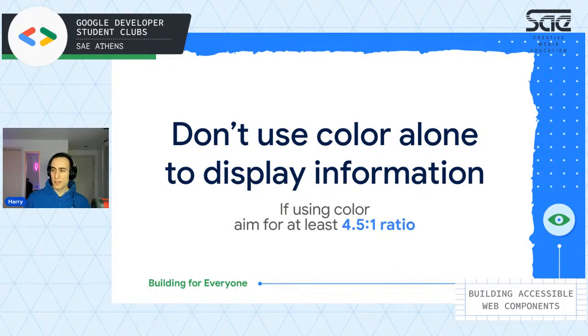So lastly, one of the last best practices is, of course, color contrast. And I will just take it a bit further. We know the basics, that we should have contrasting color just so that text can be distinguishable from the background. There are many cases where we might use color to display information, to convey a message.